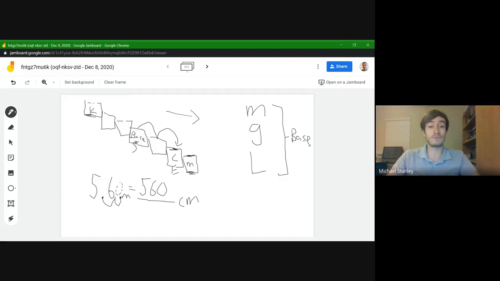So if you're starting off or ending on one of these units, that means that you're either going to be using that as your starting point or using that as your ending point, your base right here. All right, good question.